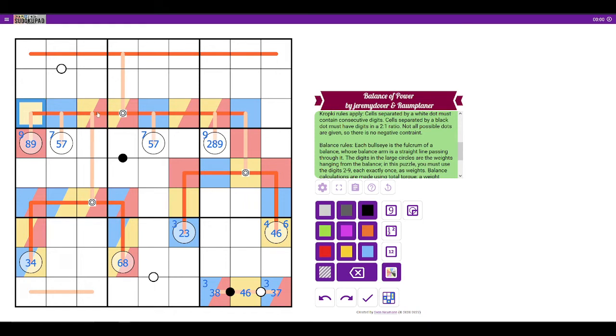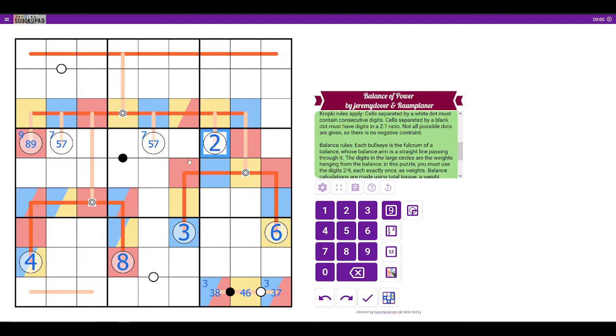That can't be red, that can't be red, which means that can't be red. Which means that's 8. It has to be 8. Which means that has to be 4. Which means that's the 3. That's the 6. Which means that is the 2. That's the 9. And now we can resolve the rest of this.